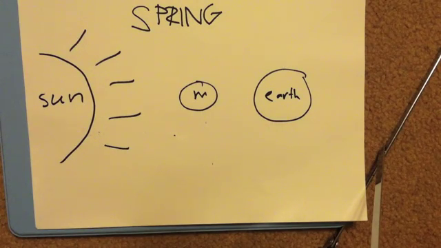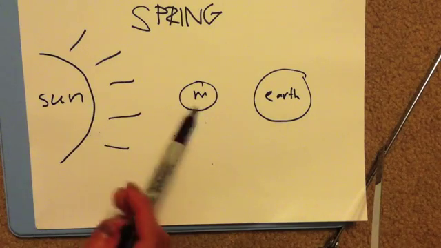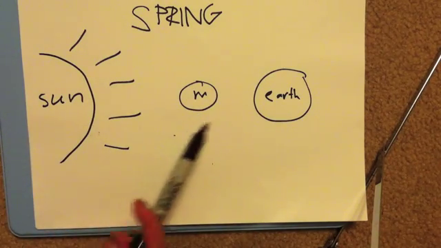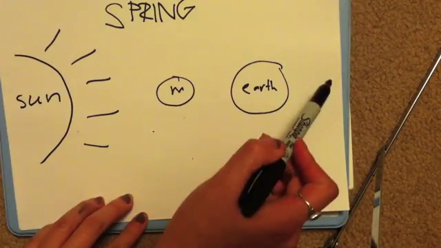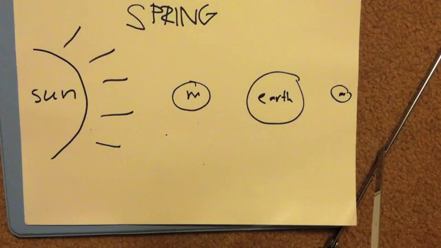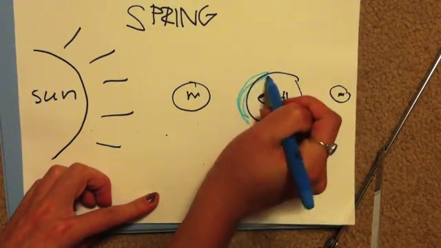It does have an impact, but it is at least half that of the moon, just because it's so far from the Earth. So a spring tide occurs in either the full moon or the new moon phase. And in essence, this is when the high tides are the highest and the low tides are the lowest.